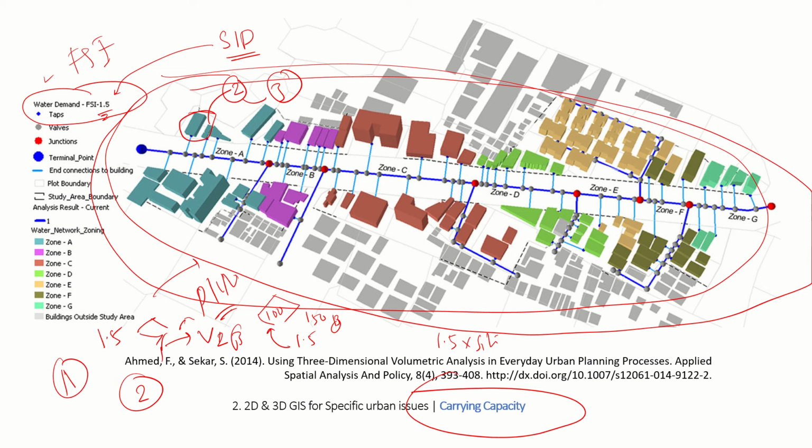What is the big deal? The big deal is the infrastructure that is placed here is not designed for 3 buildings. It is designed only for 2 buildings. Overall the infrastructure is designed for only 1.5 FSI. Whereas if we keep violating this, if we just abruptly do things, we will have issues of water supply, we will have issues of waste water coming in, water logging, all those issues will come into picture.